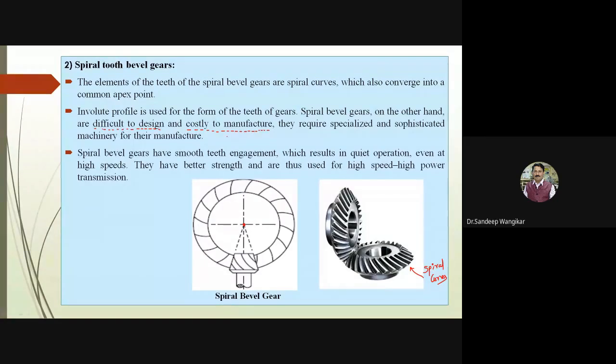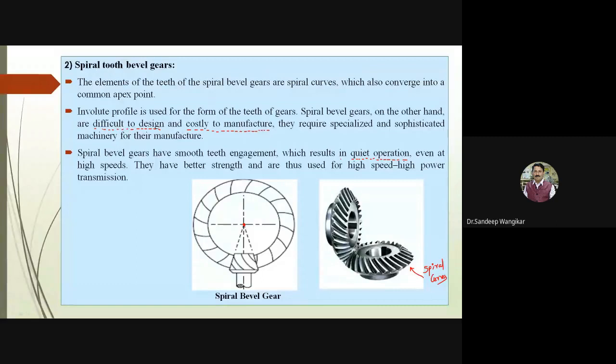Now, what is the advantage of the spiral bevel gear? Spiral bevel gears have smooth teeth engagement, which results in quiet operation. So they are not generating noise. As the teeth are spiral, smooth teeth engagement is there, which results in quiet operation even at higher speed. We have seen that the straight teeth gears generate noise in higher speed applications.